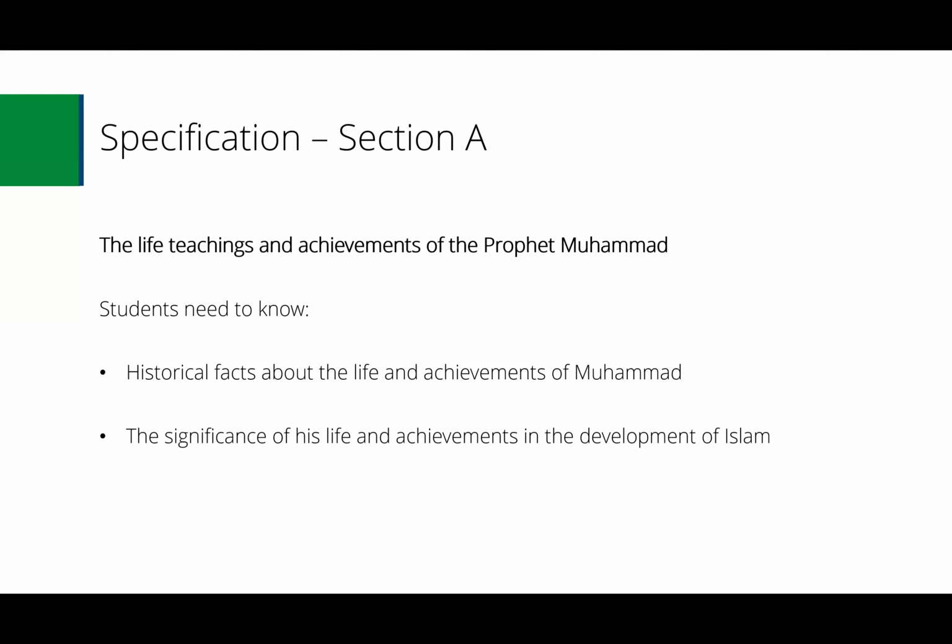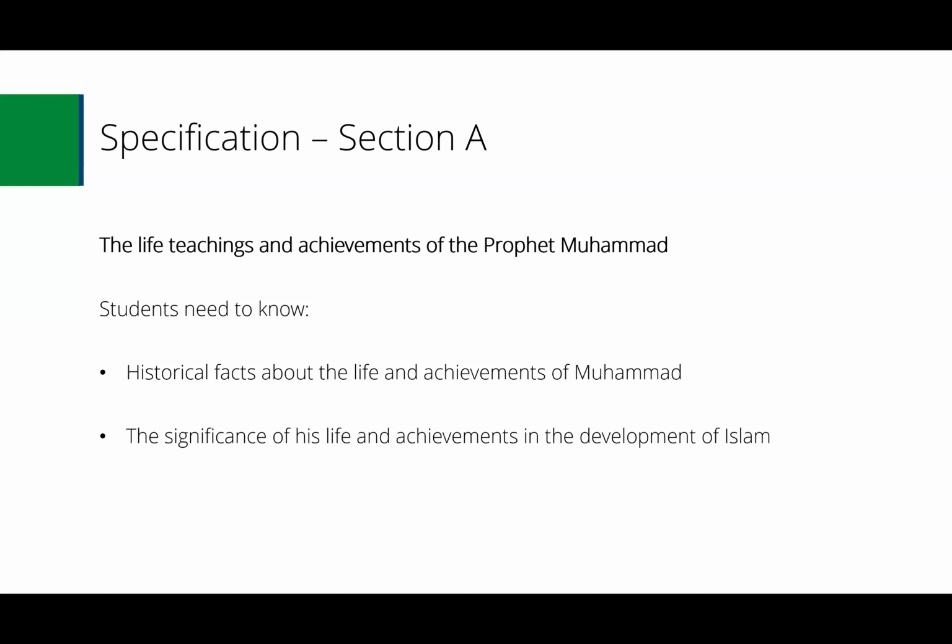In section A, the life and teachings and achievements of Prophet Muhammad, students need to know historical facts. So, for example, they need to know any achievements and about his life, the significance of his life and achievements in the development of Islam.